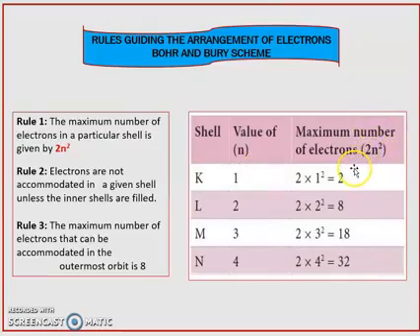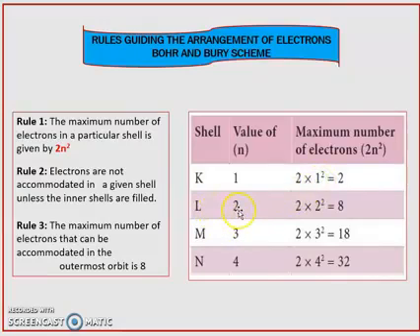So the maximum is 2 times 1 squared. 1 times 1 is 1, times 2 is equal to 2. So the maximum number of electrons that can be taken in the first shell is 2.